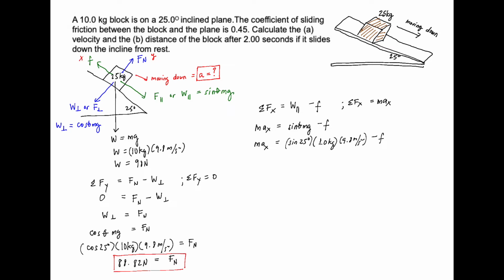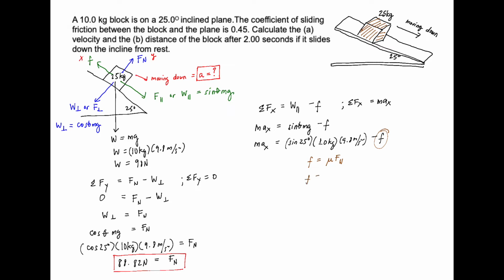But there's a problem here. We don't have the friction yet. This will be our main concern. But we all know that the friction is the mu kinetic times the normal force.